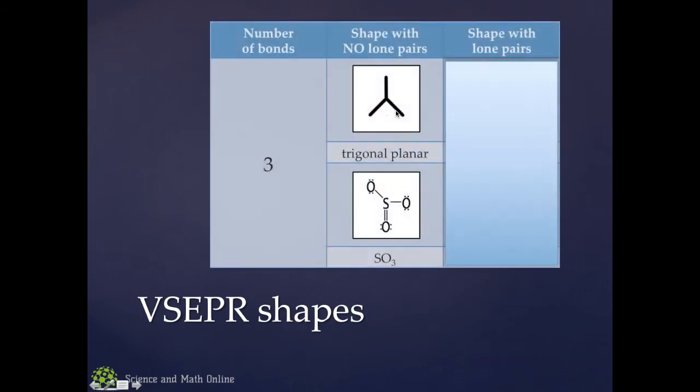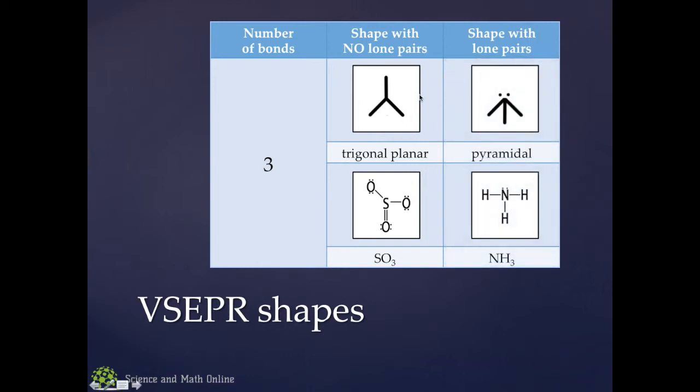If I have three things by themselves, we call that trigonal planar. If it has a lone pair, then it's going to force those three from being flat in a plane into a pyramid shape. That's what the lone pair does. It forces them down into a pyramid shape.